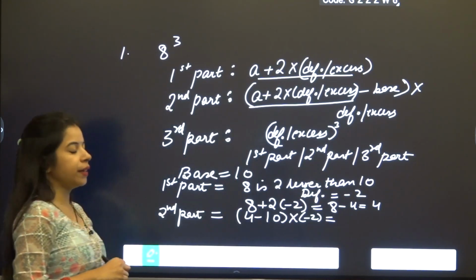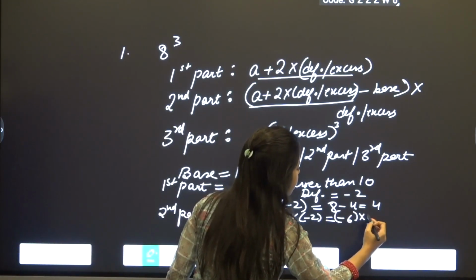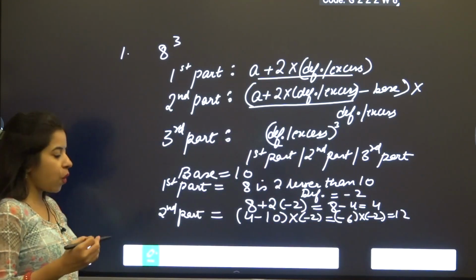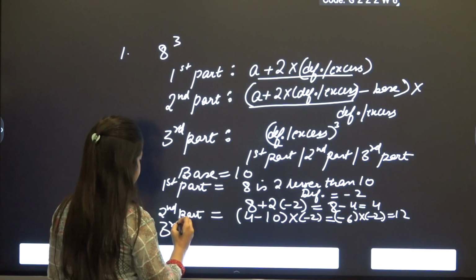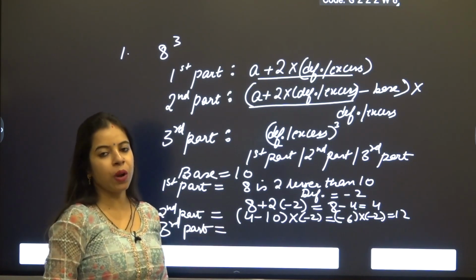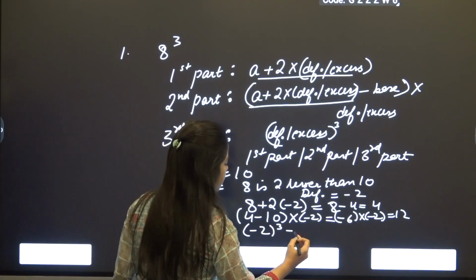So, I am going to get minus 6 into minus 2, which is 12. For the third part, I am going to take the cube of the deficiency, which is minus 2 cube, minus 8.